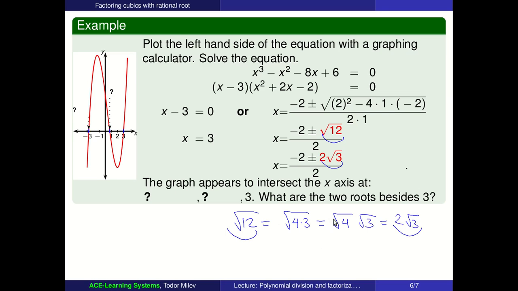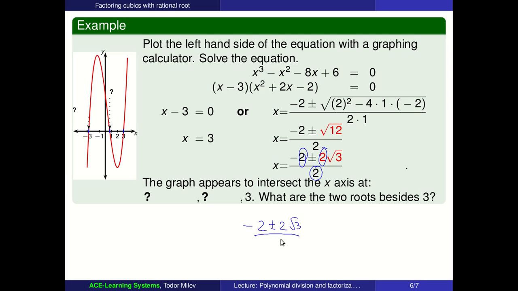And here, as you can see, I have a common factor of 2 which repeats top and bottom. So I can simplify further like this. I can factor out 2 to get negative 1 plus or minus radical of 3, the whole thing over 2. The 2 cancels top and bottom, and I get negative 1 plus or minus radical of 3.